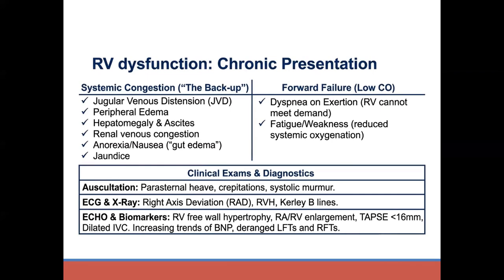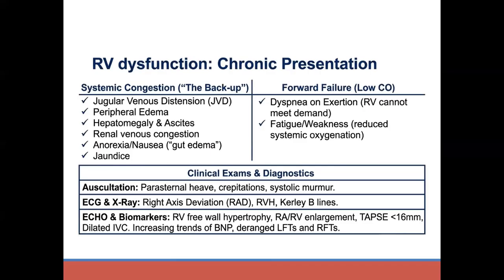You can appreciate this especially if the patient is in the stage of chronic progressive or acute on top of chronic RV dysfunction. On a simple bedside test, auscultation, you can appreciate crepitations. If the patient has tricuspid regurgitation, you can appreciate the murmur. ECG can show you signs of RVH, and X-ray can show you a congested pattern.